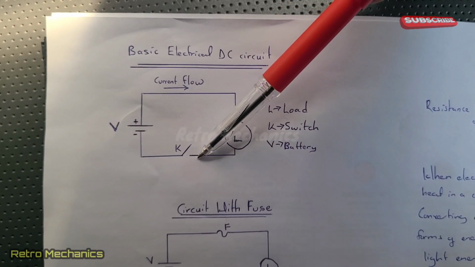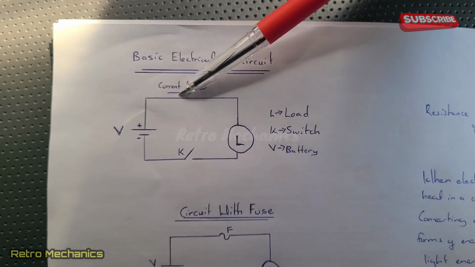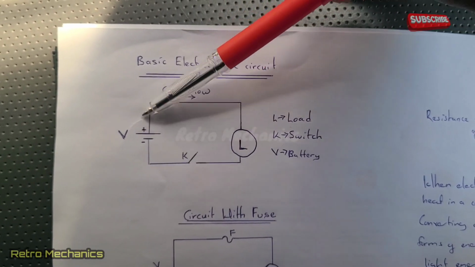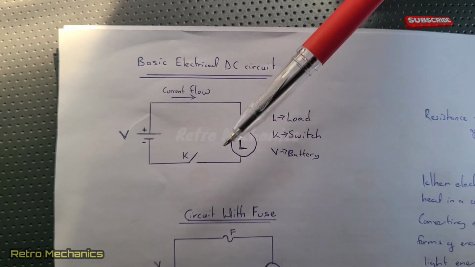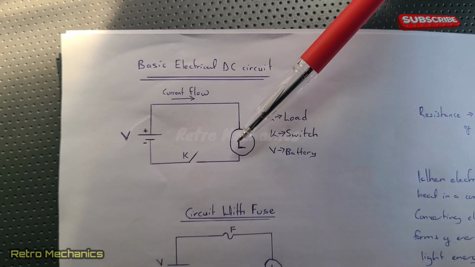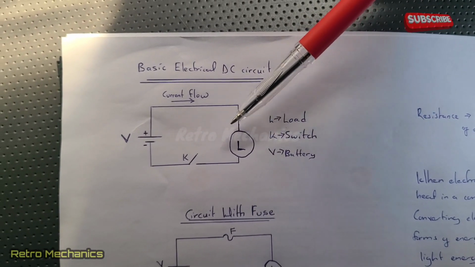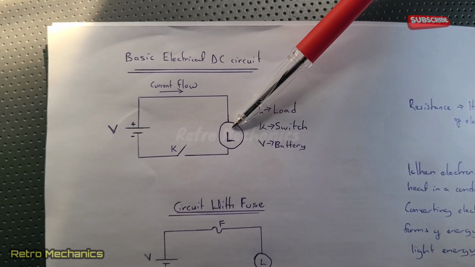When you close this switch K, current flows from the positive terminal through the load towards the negative terminal. As current is flowing through the load, electrical energy is converted into other forms of energy. If it is a bulb, electrical energy is converted into light energy. It can be converted into heat energy. It can be converted into mechanical energy if you have connected a motor.